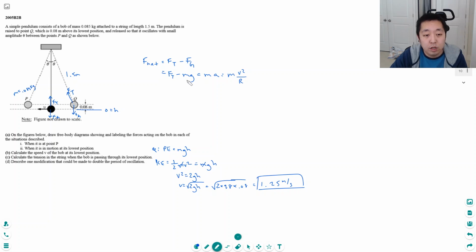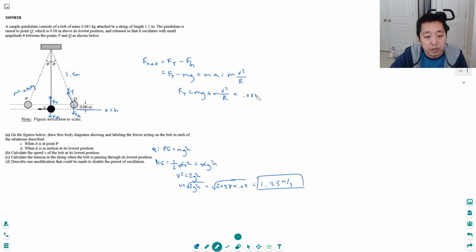So I can solve for the tension force. It's equal to mg plus mv squared over r. v is the linear velocity down here, the lowest velocity on its path. r is the radius, which in this case is the length. So I have everything I need.